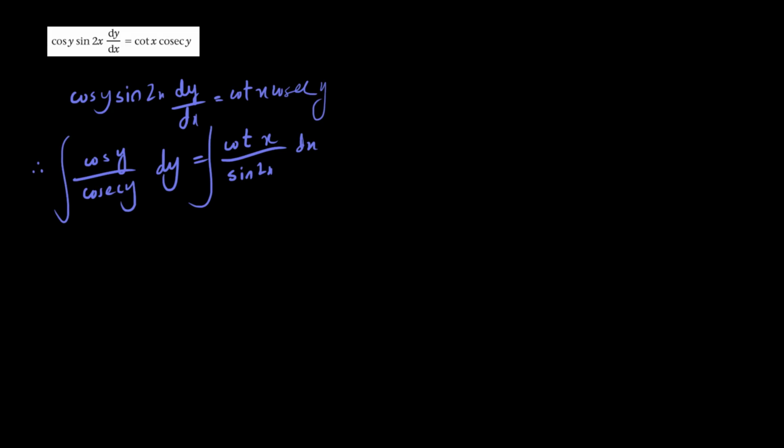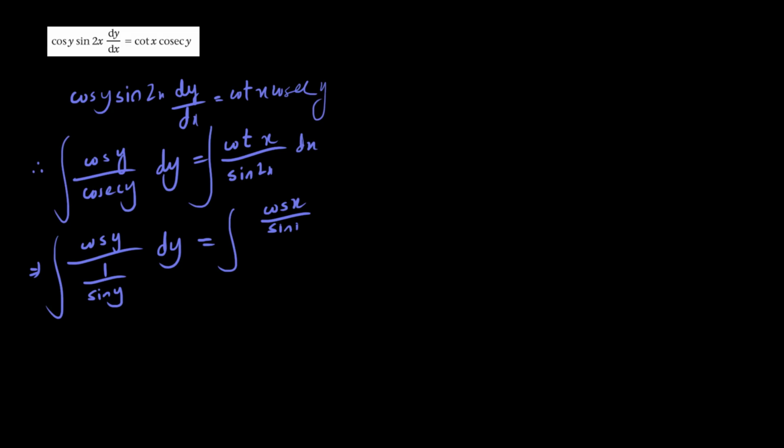So integration. If we simplify this using trigonometric identities, cosec is 1 by sin, and cot is cos x by sin x, divided by sin 2x which is 2 sin x cos x dx.